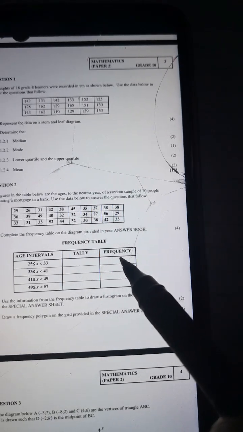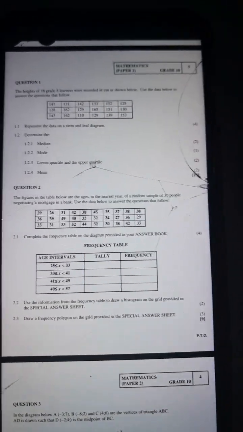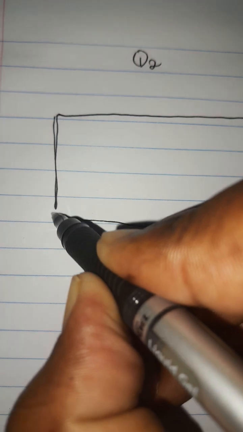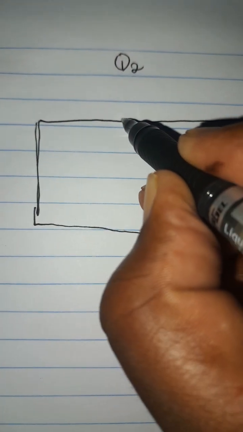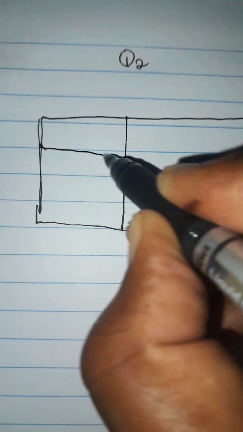Here you'll fill up the tallies. Here we are going to put 10. So let's put that into practice, guys. Remember, we are doing 2.1. So I'm having what here?